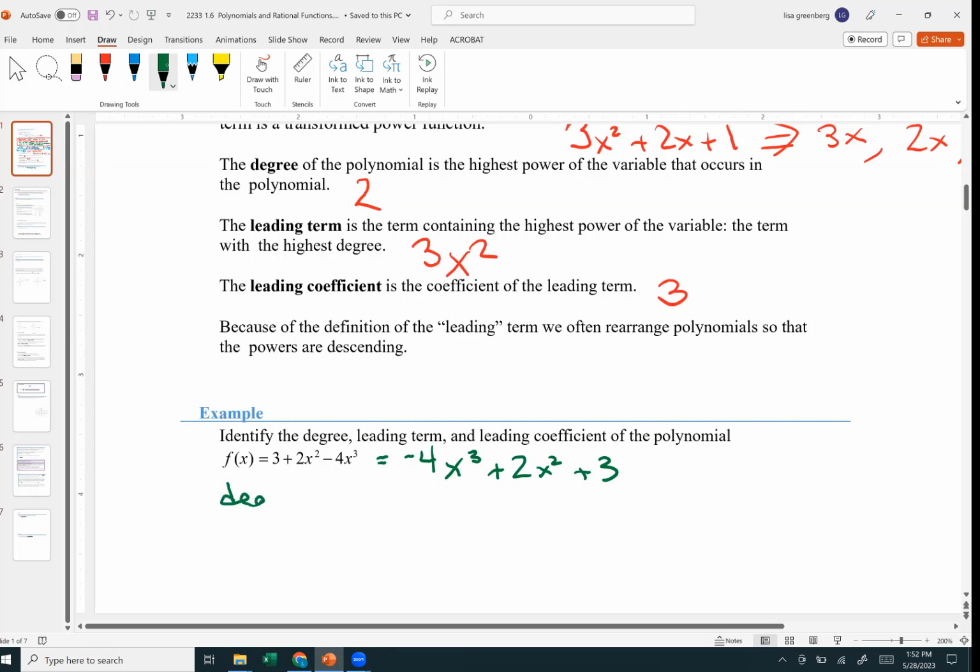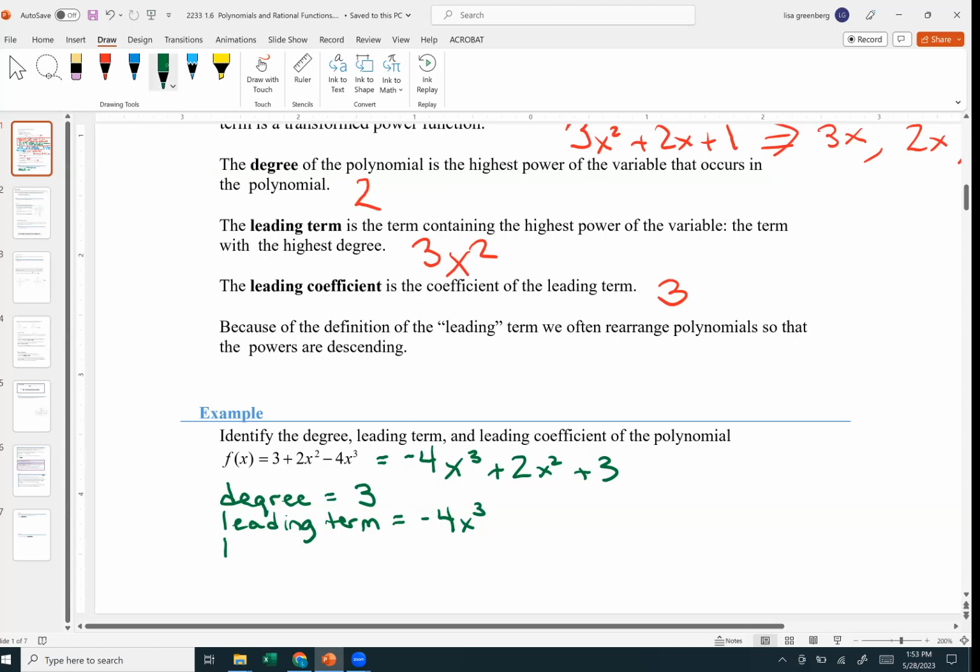So the degree is equal to 3, the largest exponent. The leading term is equal to minus 4x cubed because it's the beginning. It's the start when we put it into standard form.